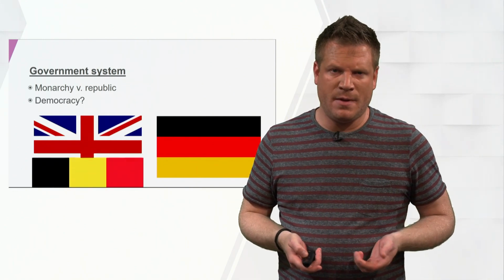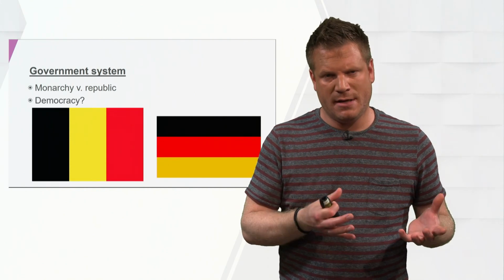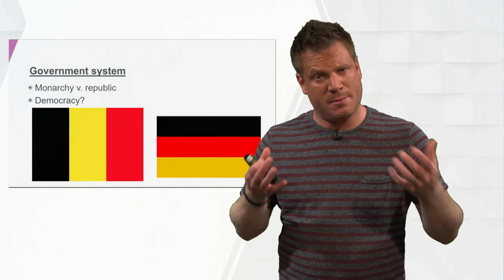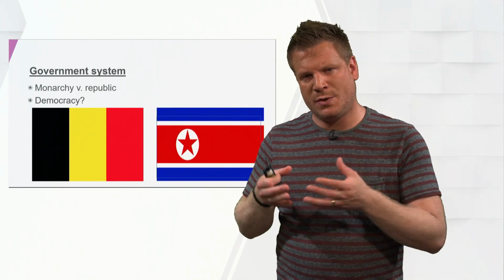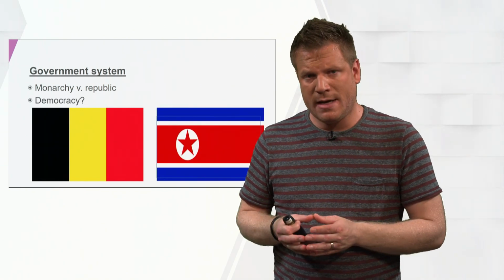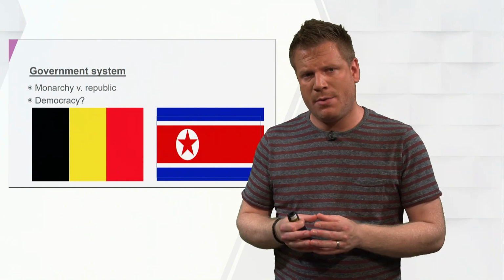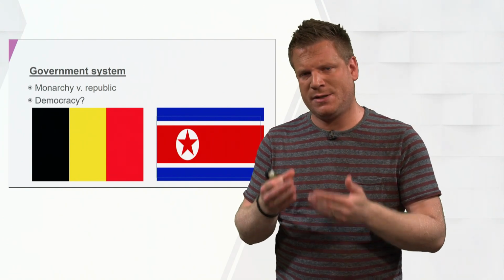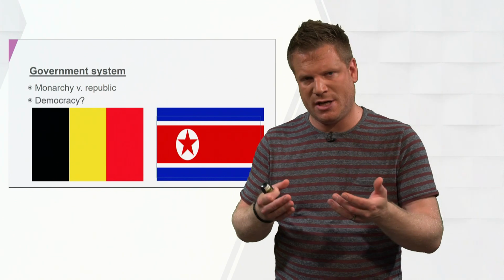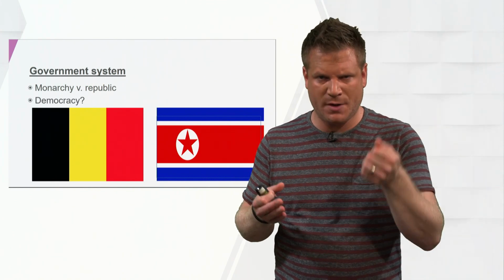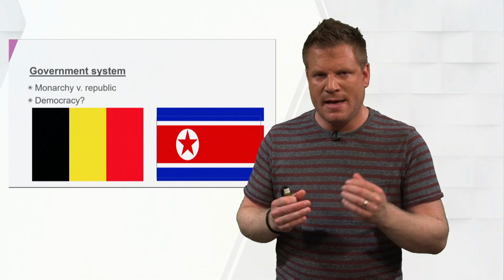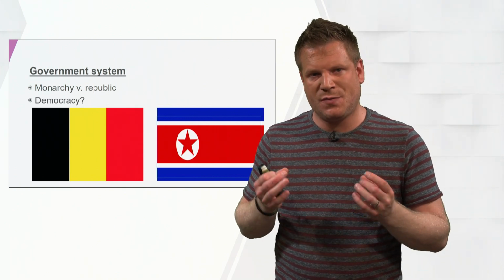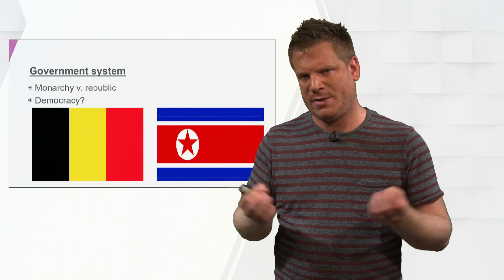To give you an example, Belgium is a monarchy but is considered to be very democratic, whereas the People's Republic of North Korea is labeled a republic, but in practice we consider this to be a dictatorship, an extreme version of a monarchy, if you like. So the level of democracy cannot be deduced from the government system we have in a particular country.